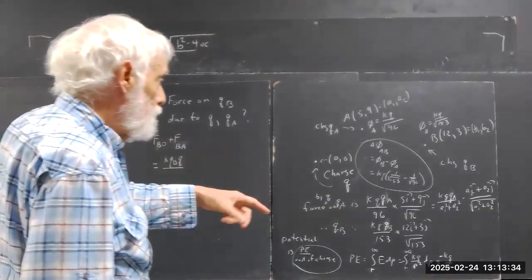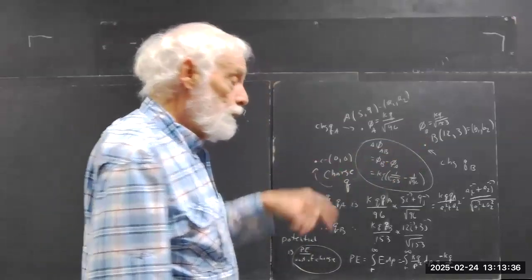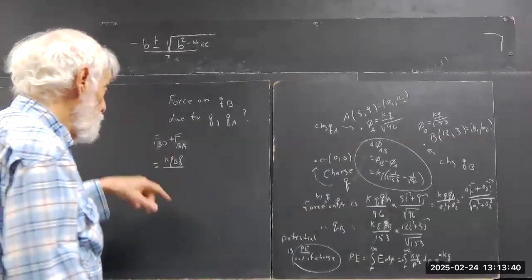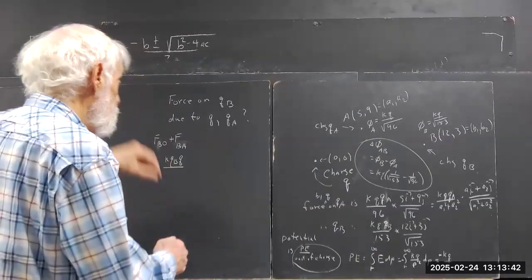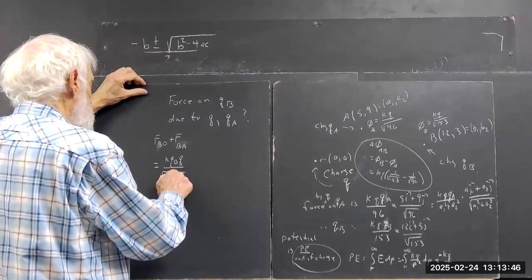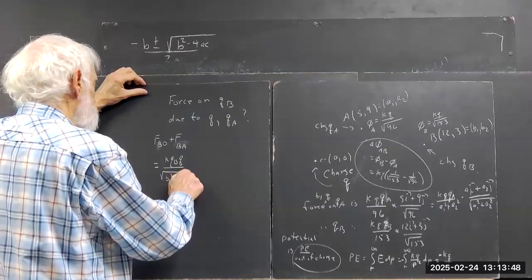It's just simple. Again, it's K times the product of the two charges involved, the charge of B and the charge at the origin, QB and Q, divided by the square of the distance, which is the square root of B1 squared plus B2 squared.